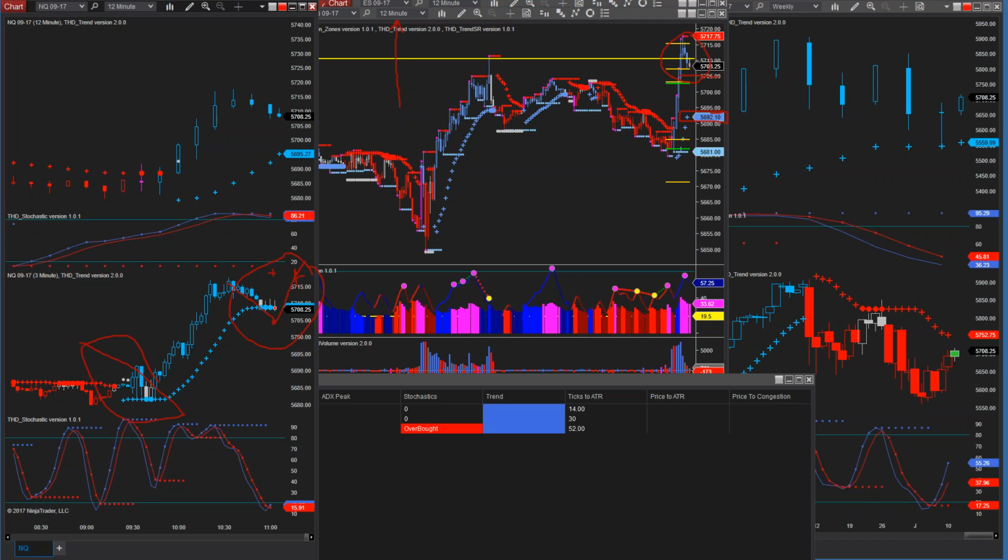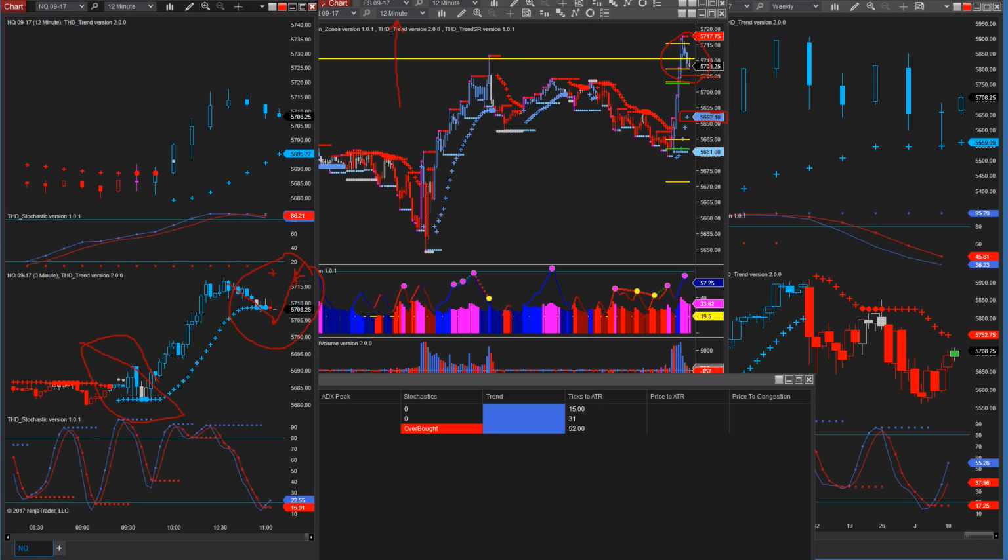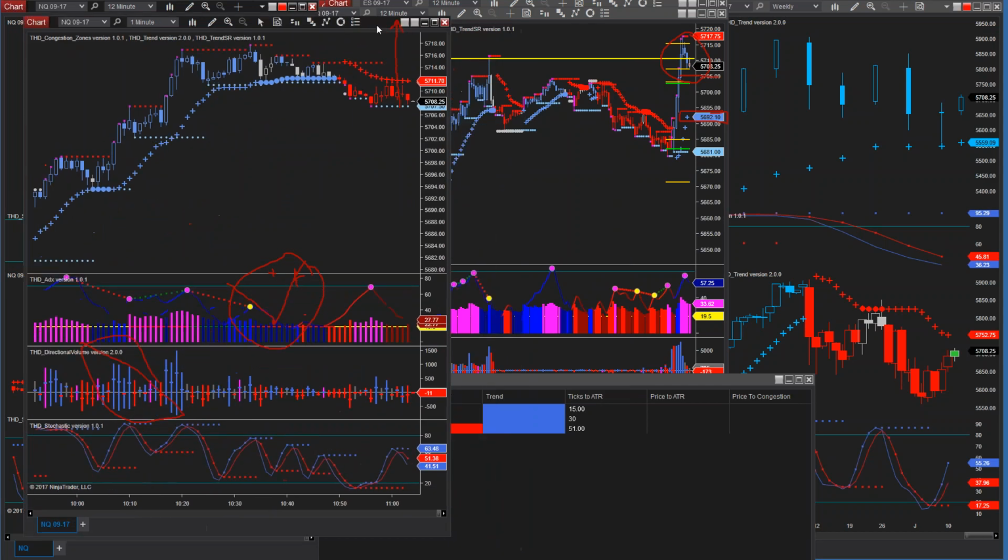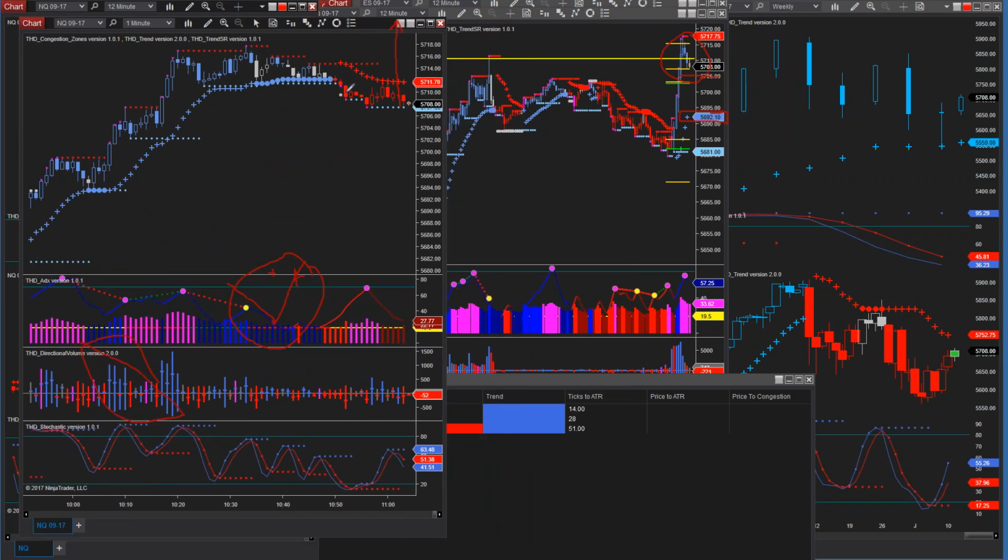Well, I can do this one. Okay. So do you see how it flipped the ATR, went back and tested the ATR?